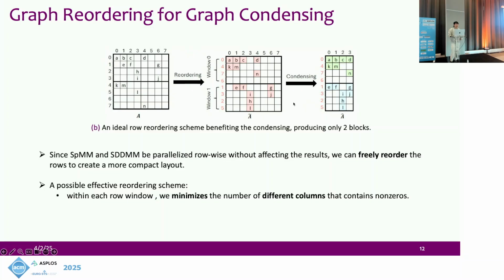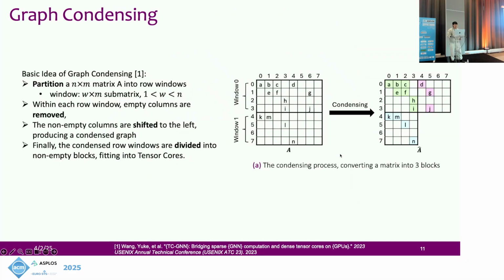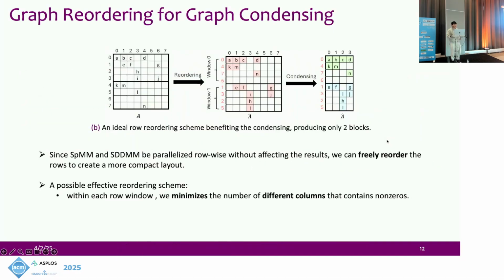Then after the reordering, we apply the graph condensing technique to the reordered graph, getting the final graph. In the final graph, we can find that there are only 2 blocks, compared with 3 blocks in the previous one.